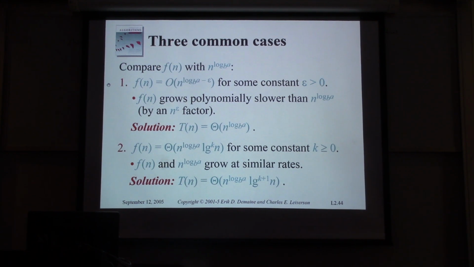Whatever it was, you've determined that the algorithms are growing at similar rates, and so t of n is simply going to be n to the log b of a multiplied by the log of n to 1 higher power than it had to be to set the equality. So the smallest value of this exponent in the solution will be 1, because the smallest value of k in the equality is 0. So it must be 1.